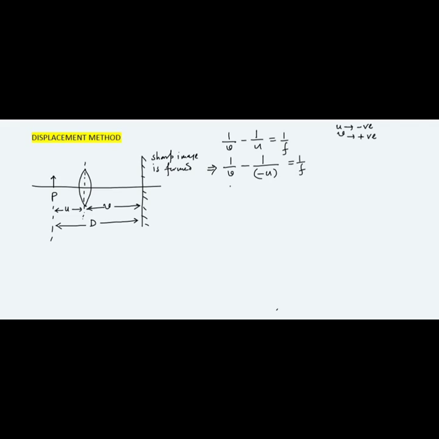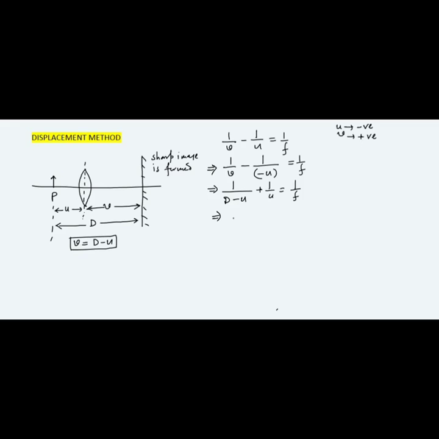Here u plus v makes D, so v can be written as D minus u. Replacing the value of v in this equation, it gives us 1 by (D minus u) plus 1 by u is equal to 1 by f.